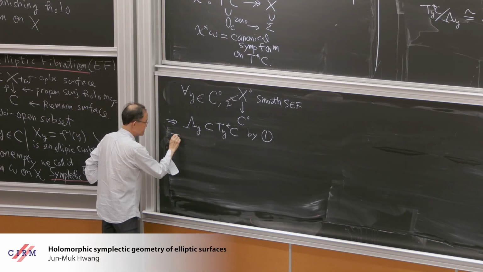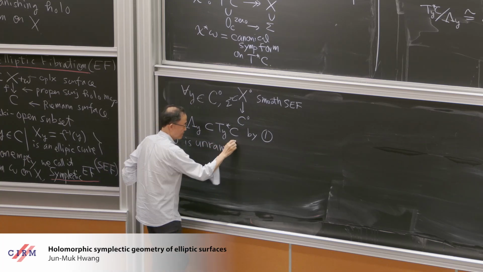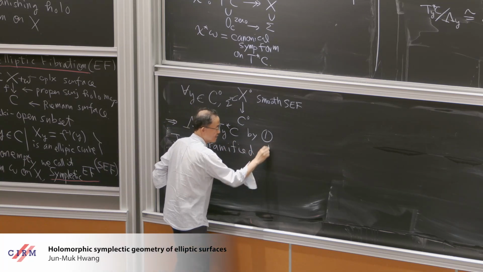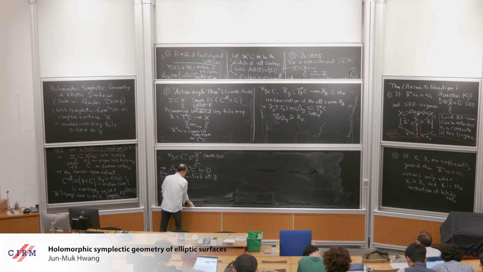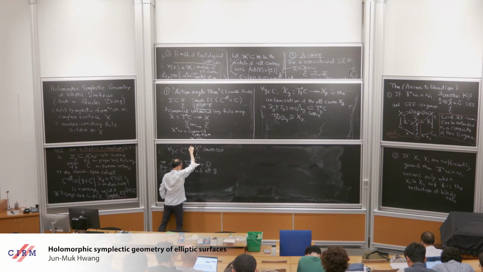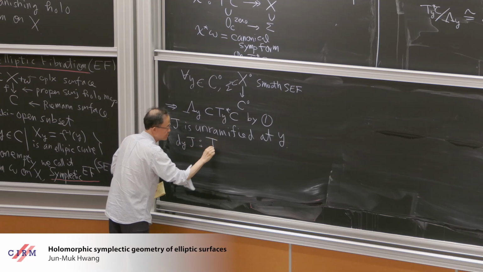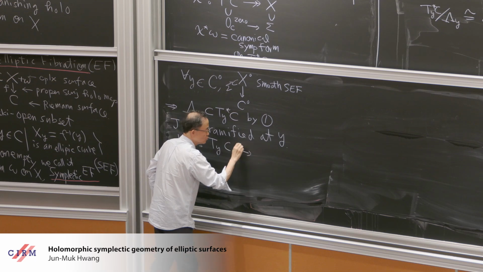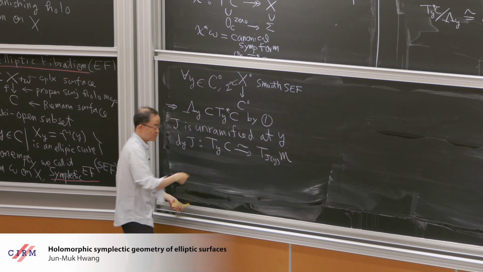Now, J is unramified at y by our choice of C0. So the derivative gives an isomorphism from the tangent space of C to the tangent space of the moduli space.